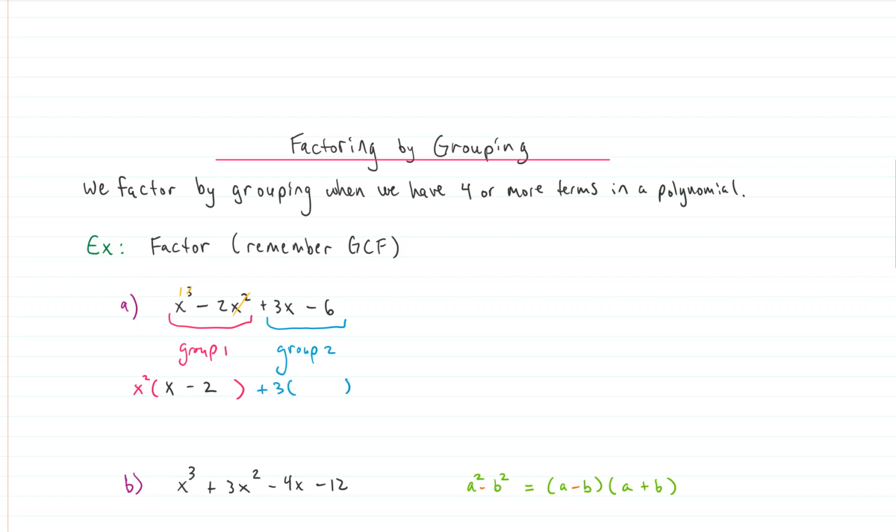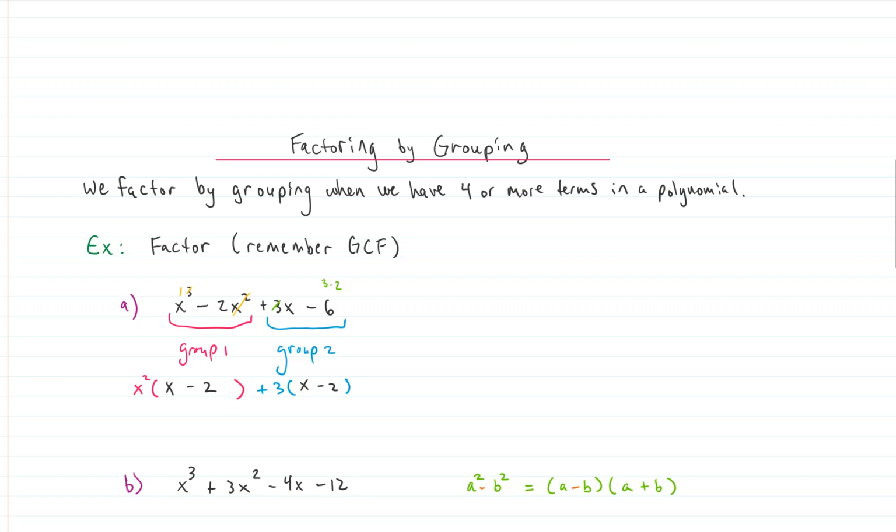And what do we have left over? Well, the 3 came out, so we just have x. And the negative 6 is 3 times negative 2. So if we pull 3 out, then we must have a negative 2 in there. So here we have x minus 2.